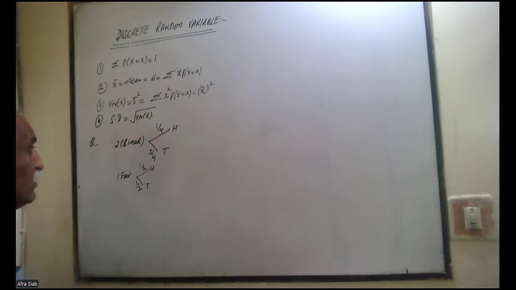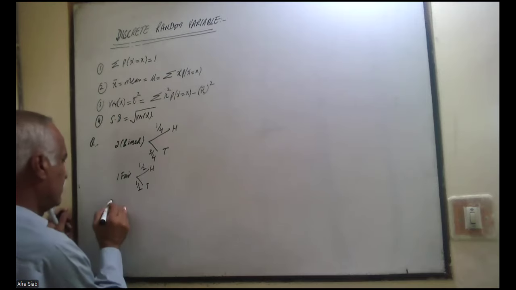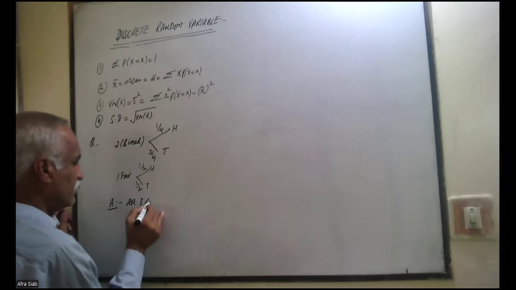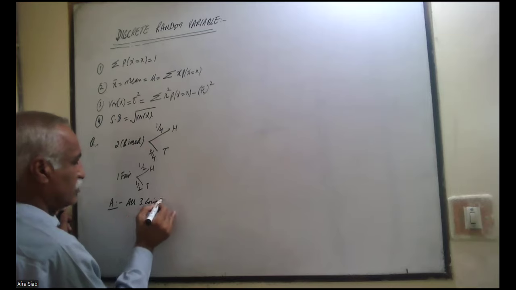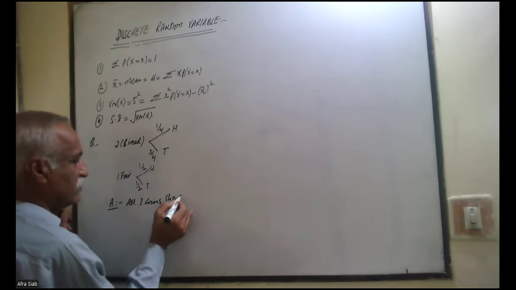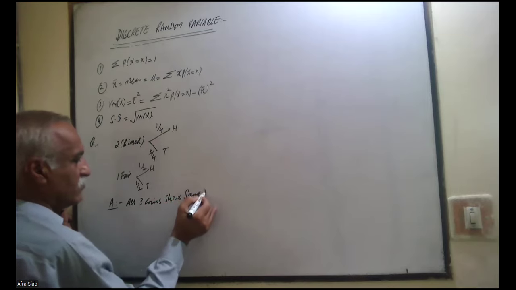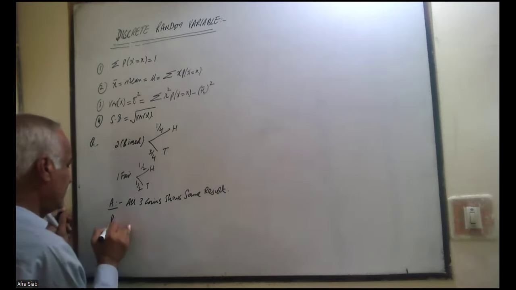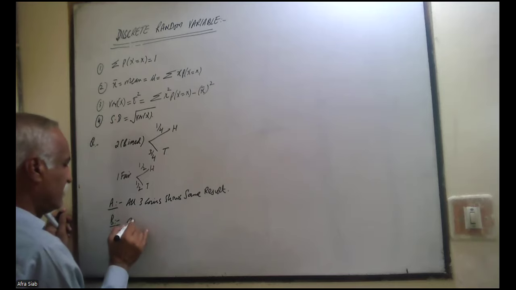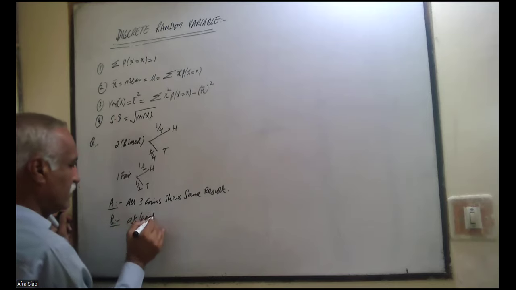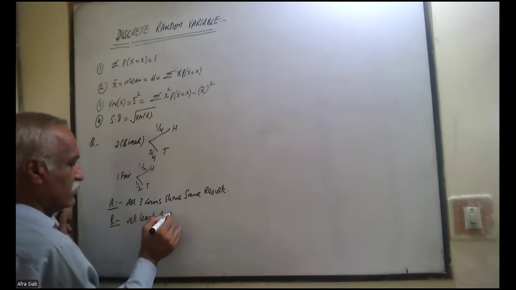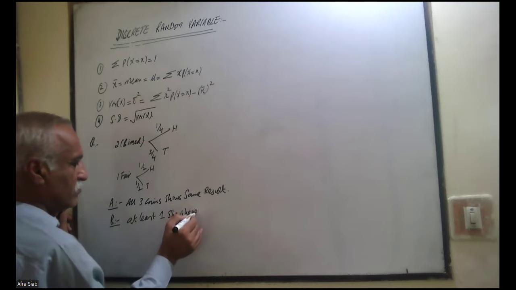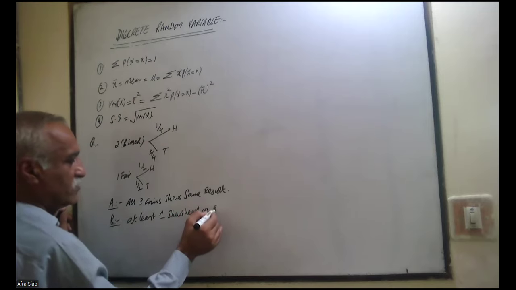Now they have defined two events, A and B. A is the event when all three coins show the same result, and event B is defined as at least one shows a head on the biased coins.